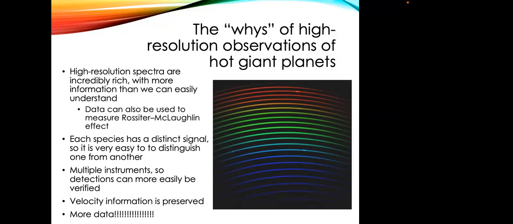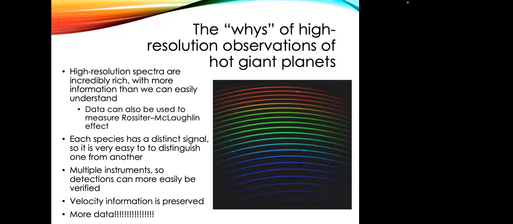It has a few instruments, but there's not a ton of instrument wavelength overlap. With high-resolution data, there are not a ton, but there are a lot of instruments we can use, and we're able to more easily verify our work, which is always a good thing, because with especially marginal detections, that verification is extremely important.